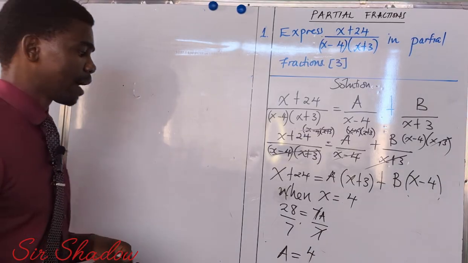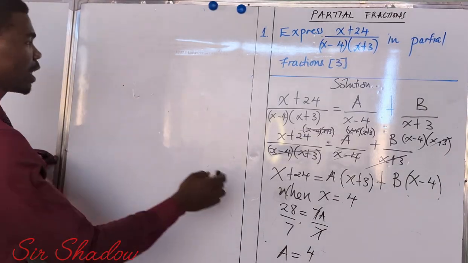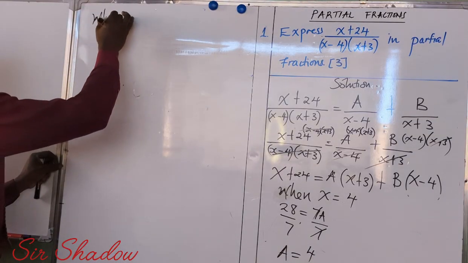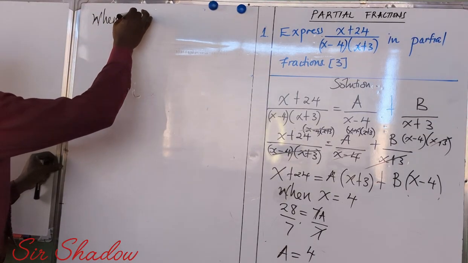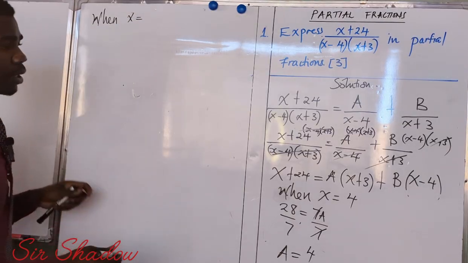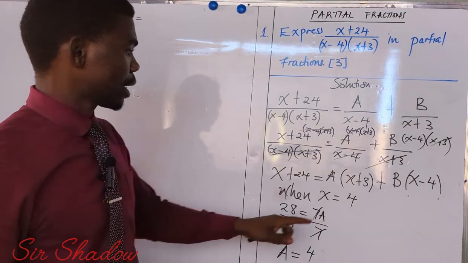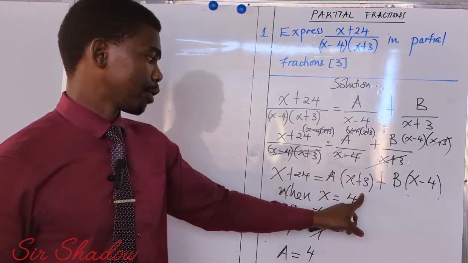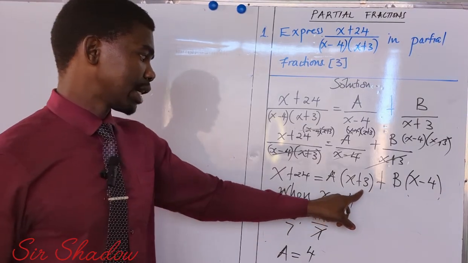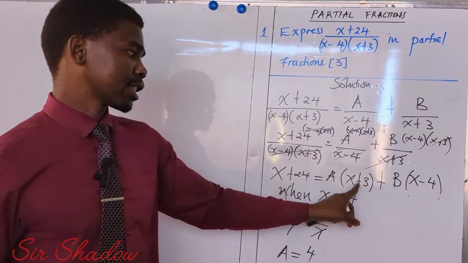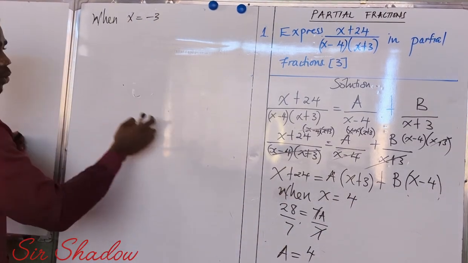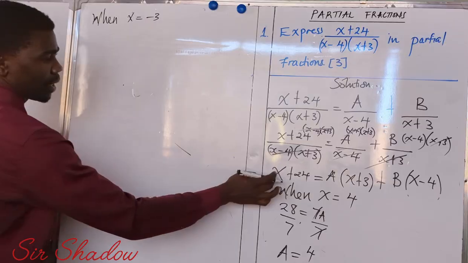Finding a, from there I have to find the value of b. For me to find the value of b, I have to eliminate a now. So for me to eliminate a now, I have to check the coefficient of a, x plus 3. For me to get 0 here, I have to put minus 3. Minus 3 plus 3, I get 0. So when x is equal to minus 3, for x I have minus 3.